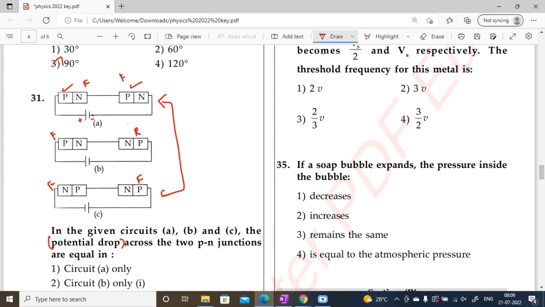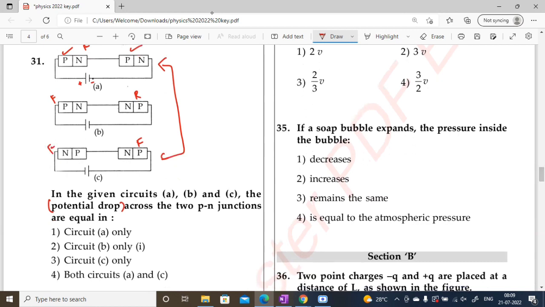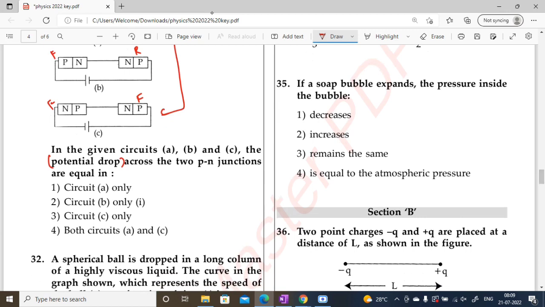In these two cases alone, I can see both are forward biased. And in the second case, one is forward biased and one is reverse biased, so the potential drop will vary. They will not be the same. So the answer will be both the circuits A and C.